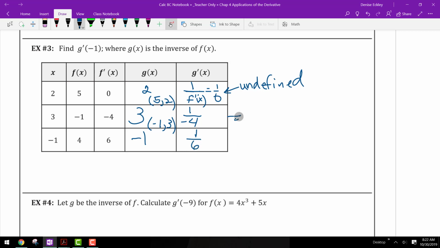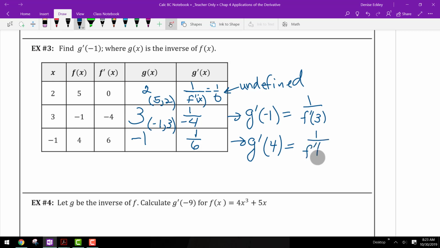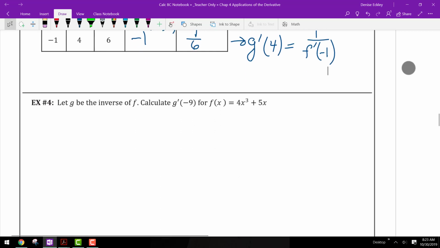Because again, remember, g prime of -1 is going to equal 1 over f prime of 3, and here, g prime of 4 is going to be 1 over f prime of -1. Okay? All right, so next example.